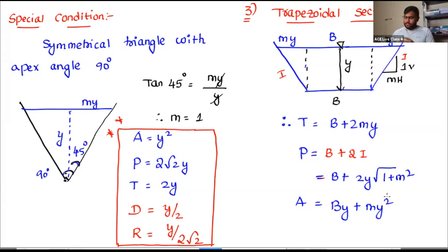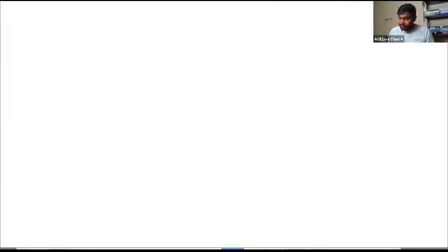So once we know this, now we can find out the hydraulic radius. What is the hydraulic radius?